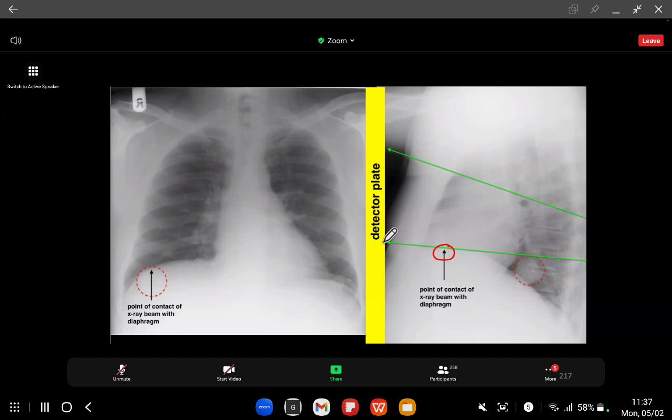And therefore, if that's the diaphragm on the detector plate or the cassette, the lesion's going to be below the diaphragm. But anatomically, of course, it's above the diaphragm. So that's the reason why. So whenever you see a normal looking chest x-ray, don't forget to look below the diaphragm for any lesions which are in the lung but are projected below the diaphragm.